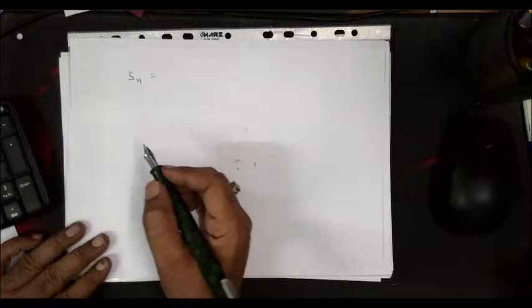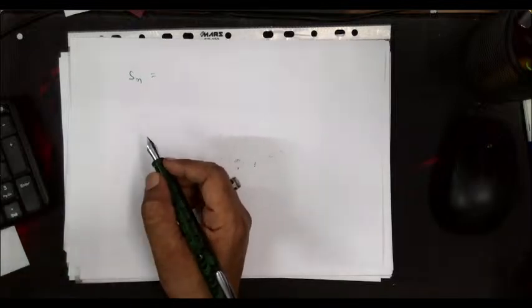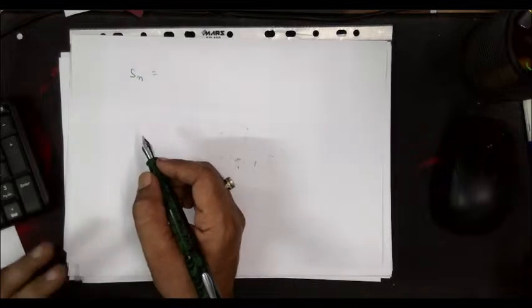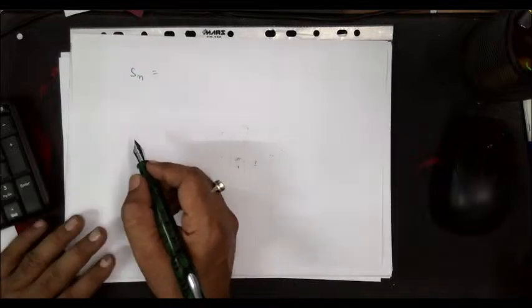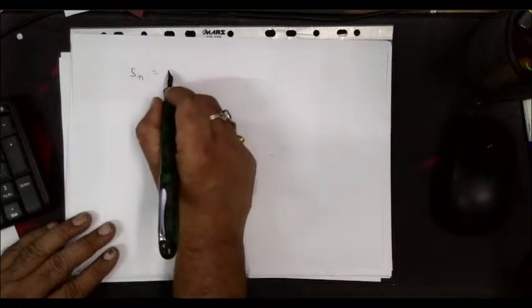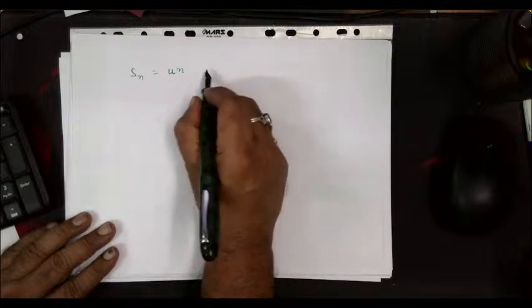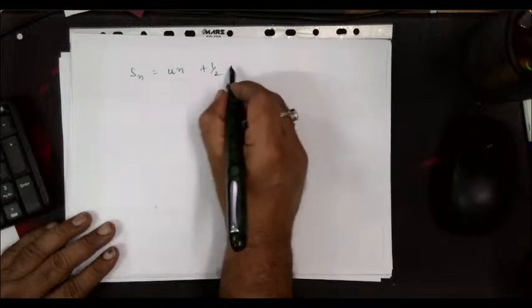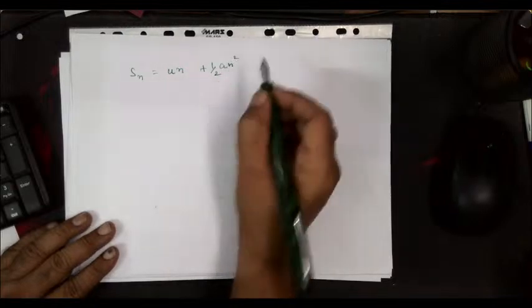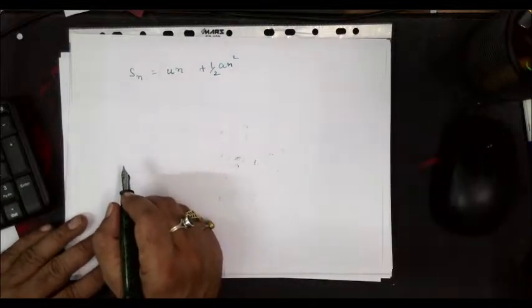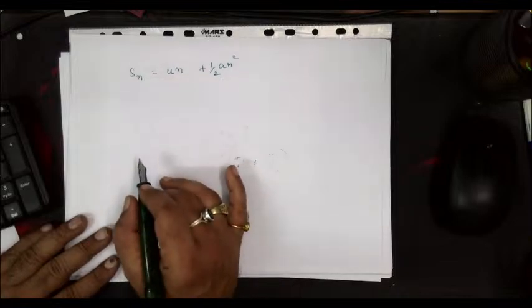Displacement after n seconds. It means nth second. Displacement in nth second, or it can be called displacement after n seconds. So Sn is given by u into n, that is nth second, plus half a n squared. Instead of t, I have put simply n.